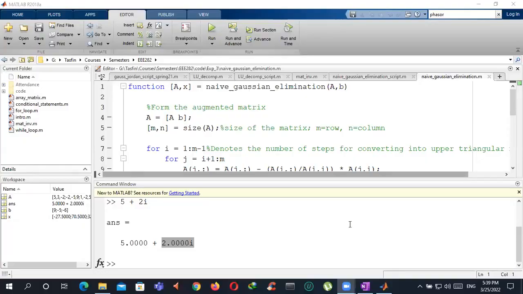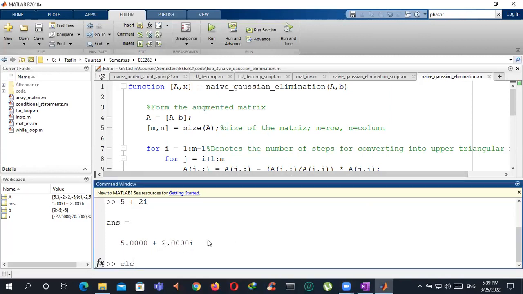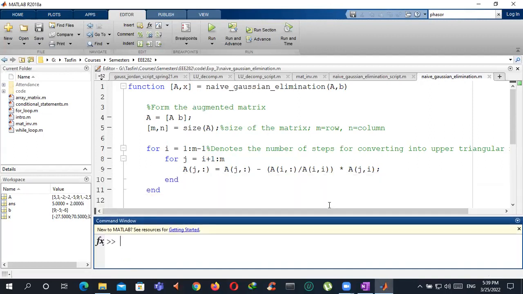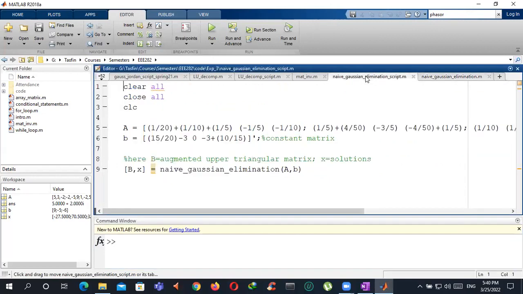Okay, so let me share my screen. Okay, so this is the code for the naive Gaussian elimination. I guess my screen is visible, right? Is my MATLAB screen visible to you? Yes, sir. Okay, thank you, thank you.